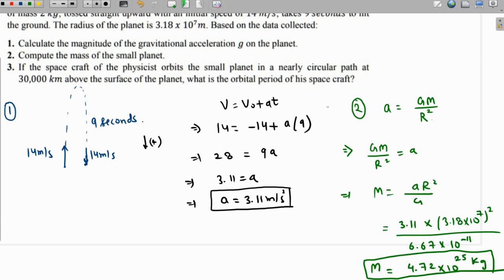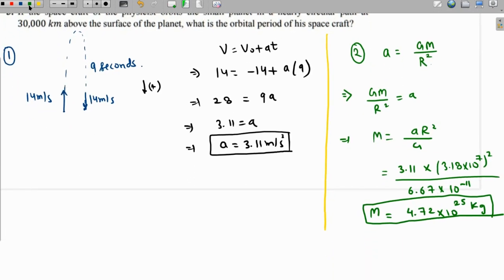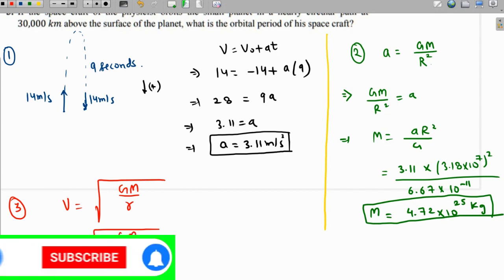Okay. And then we have to find out what is the speed of a spacecraft if it is moving in a circular orbit 30,000 meters above the surface of the planet. So what is the speed? The formula for the speed of such an object or satellite on a planet is given by the square root of GM over small r. The small r is the distance from the center of the planet, so that's going to be the radius plus its height.